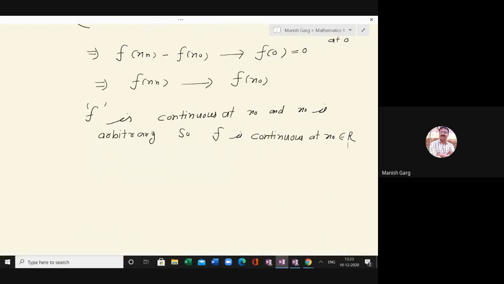You can say if it is continuous at 0, then it will be continuous at each point in R. Now I am doing a nice property of continuous functions. You know this property.